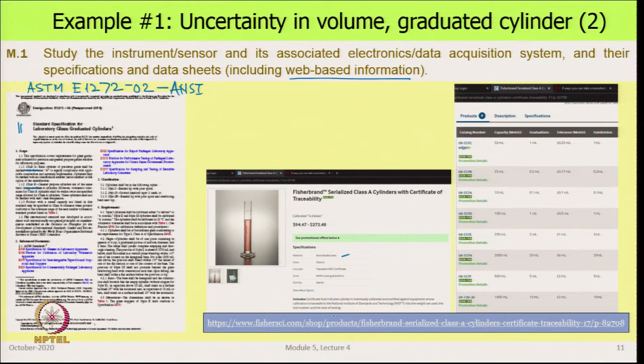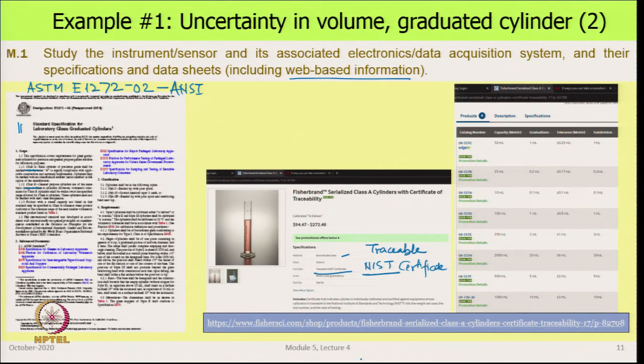It says it is a borosilicate glass, and it says it includes traceable to NIST certificate. NIST is the National Standard Laboratory in the US. Like in India, we have National Physical Laboratory, and that is the highest level of a standard for any measurement.